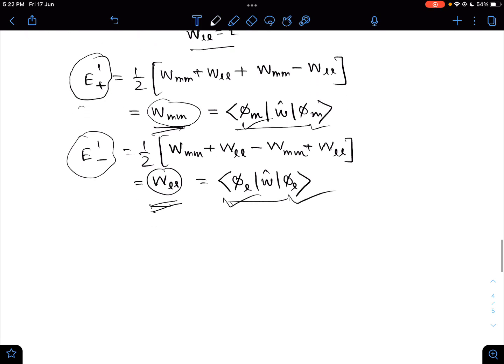So now we are set with the theoretical details of both the degenerate and non-degenerate perturbation theory, obviously time independent. In the next few videos we will solve the non-degenerate and degenerate time independent perturbation problems.